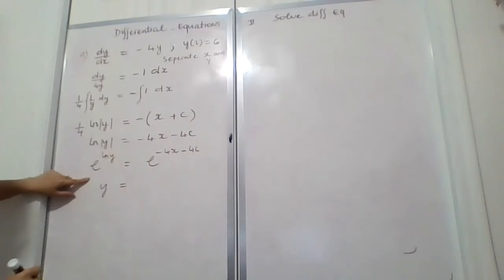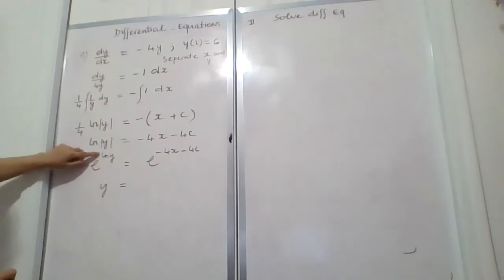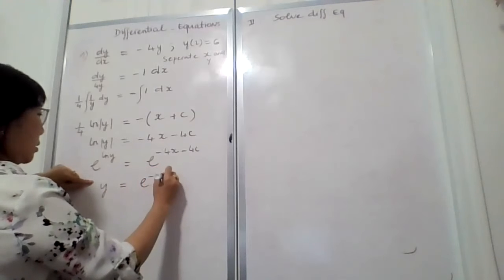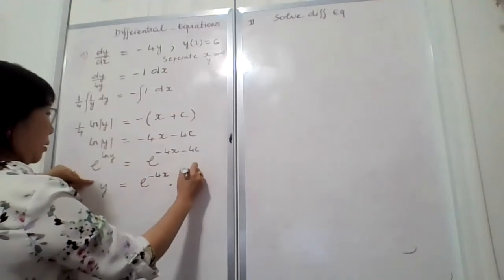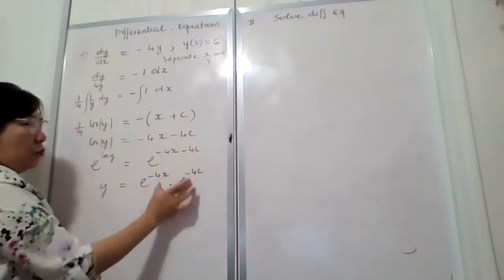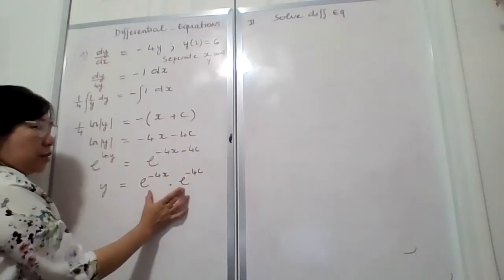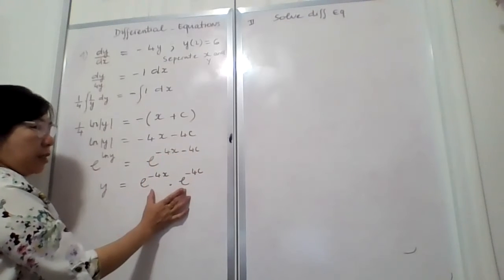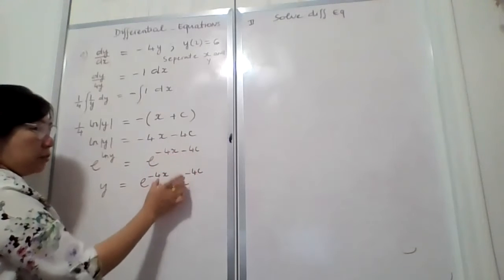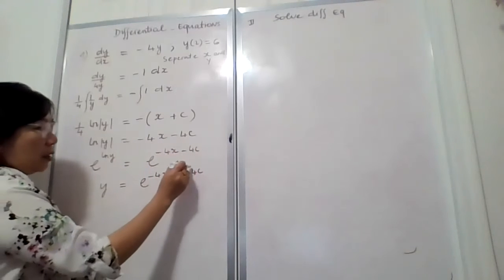That's how logarithmic evaluation works, right? e to the ln y equals y, equals e to minus 4x times e to minus 4c, right? When we multiply numbers with the same base, we add the powers, right? So that's how I split them like this.